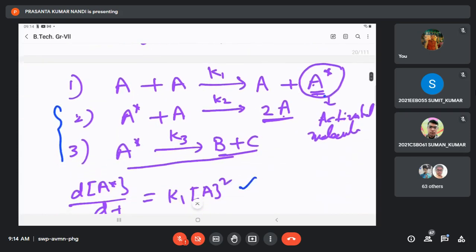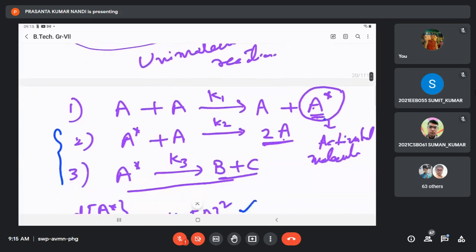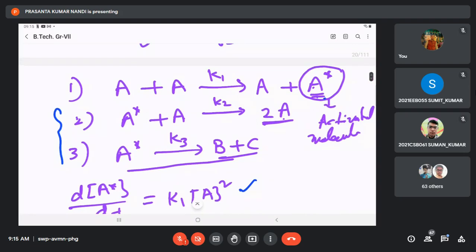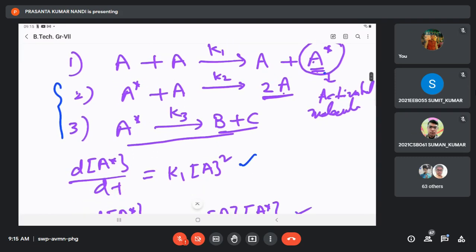Okay. So these are the unimolecular gas phase reactions that we are considering. This is the mechanism, which involves three steps as I have written already, and I am writing the corresponding rate equations. You follow carefully.